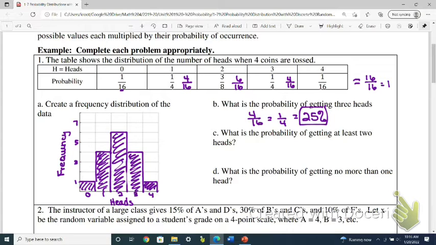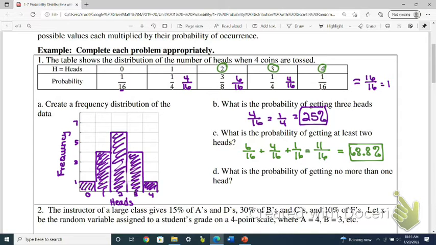So at least 2 means I can get 2, 3, or 4. So I'm going to add all of those up. So that's 6 out of 16 plus 4 out of 16 plus 1 out of 16, which is 11/16. And that is 68.8%.